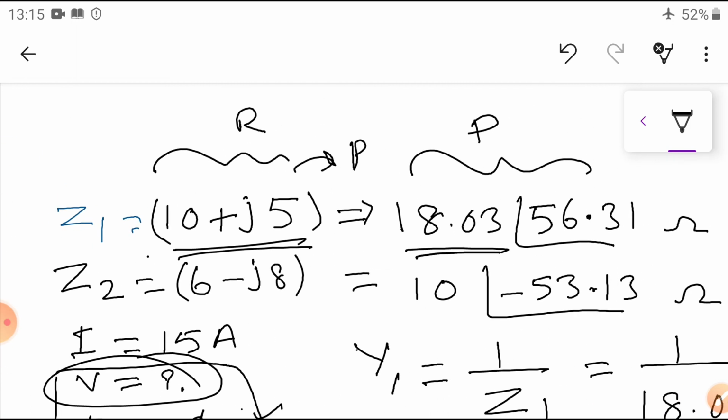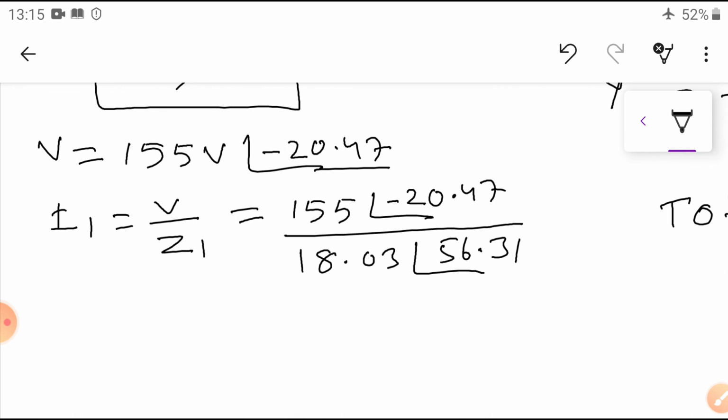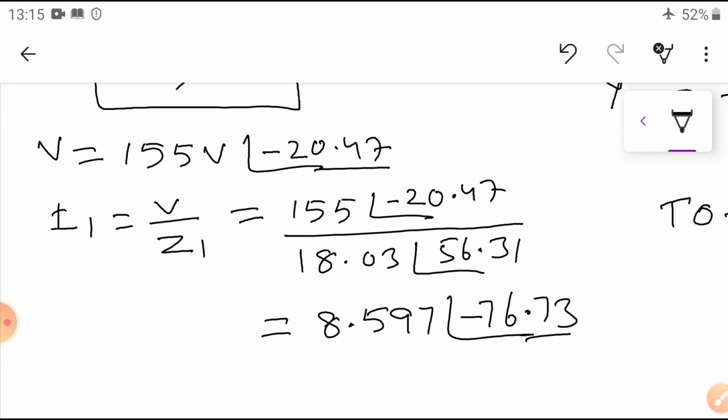Okay, so now I substituted in this case. Then I1 is equal to 8.597 at an angle of minus 76.93 degrees. So this is the I1 current.